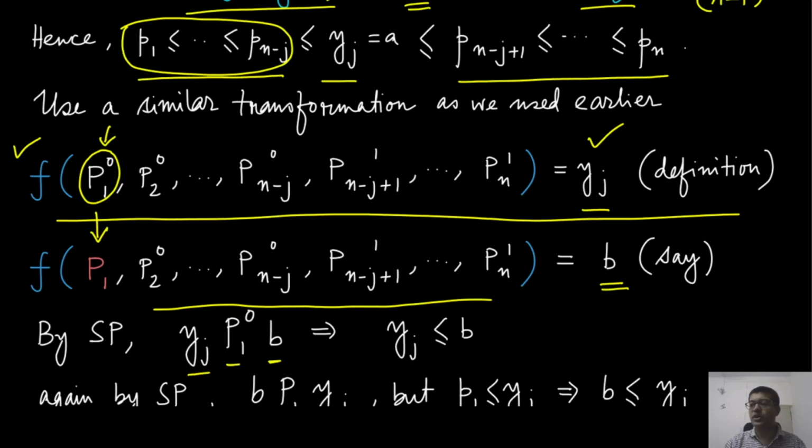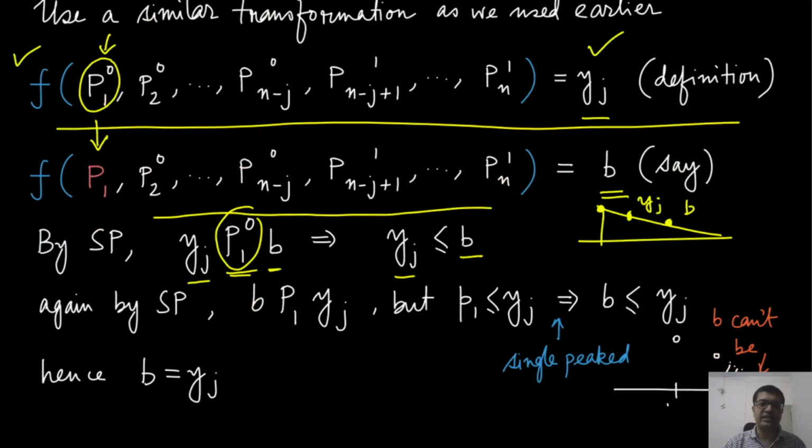And because p10 is the leftmost one, so p10 has the peak at the leftmost side, if there is something more preferred than b, then it must be the case that b lives on the right of yj. That is by the definition of this preference ordering and the single peak preference.